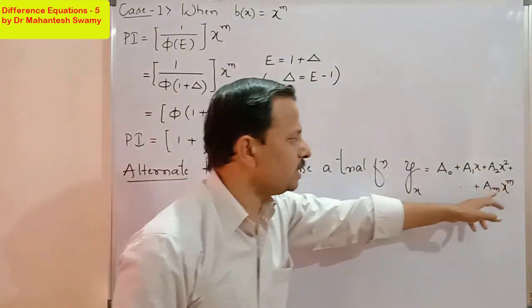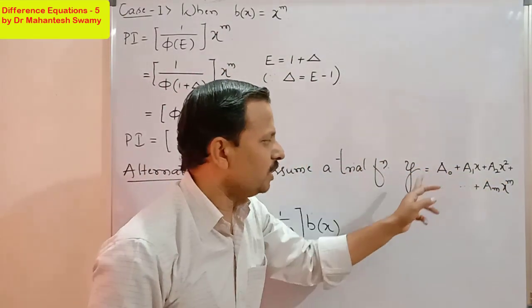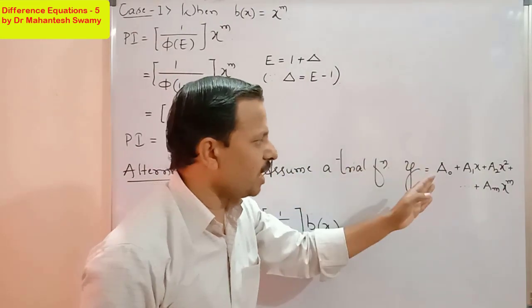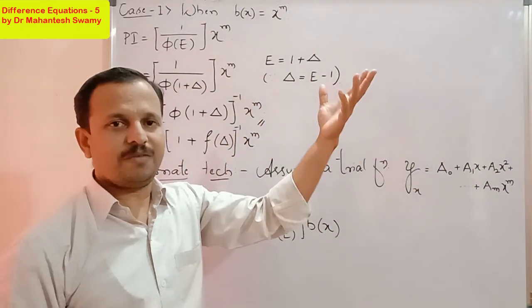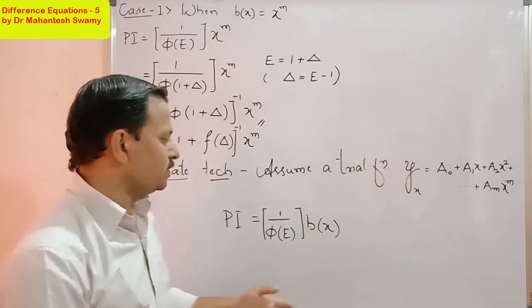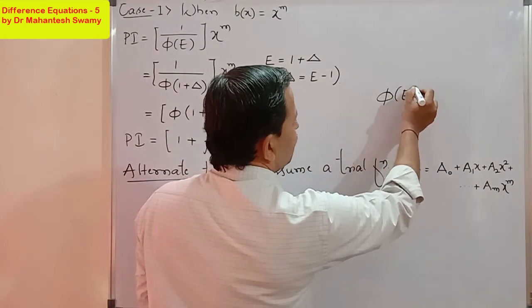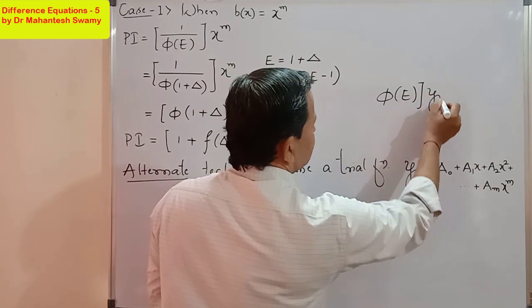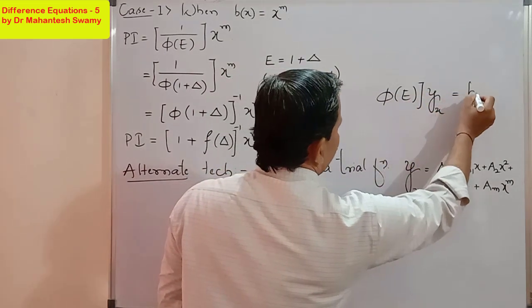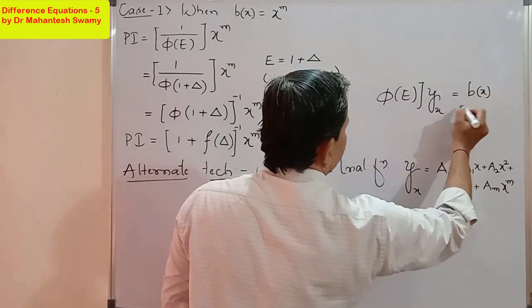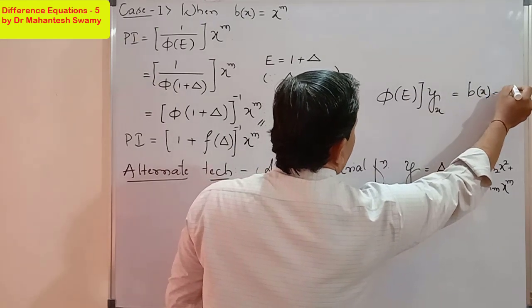We assume this type of trial function for y of x, and then substitute it in the given difference equation. What is the given difference equation? phi of E operated on y of x equals b of x, and b of x here is x to the power m.